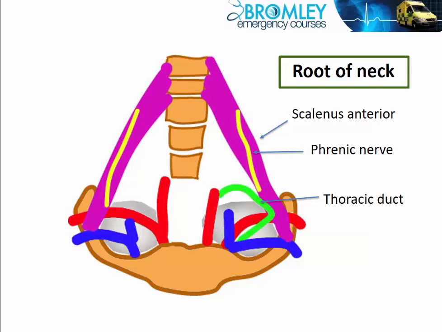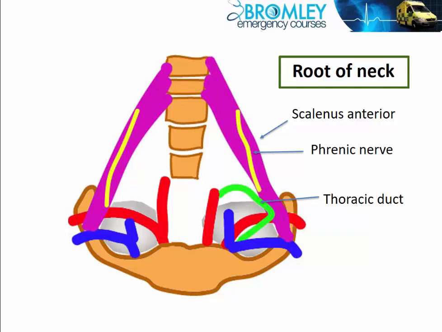So the subclavian artery goes behind it and the subclavian vein is in front of its insertion on the first rib. And then over the front of the scalenus anterior, the phrenic nerve runs down from its origin within the cervical plexus higher up, before turning to become more medial in the mediastinum, and then of course it runs over the pericardium, and we'll meet that in thoracic anatomy.